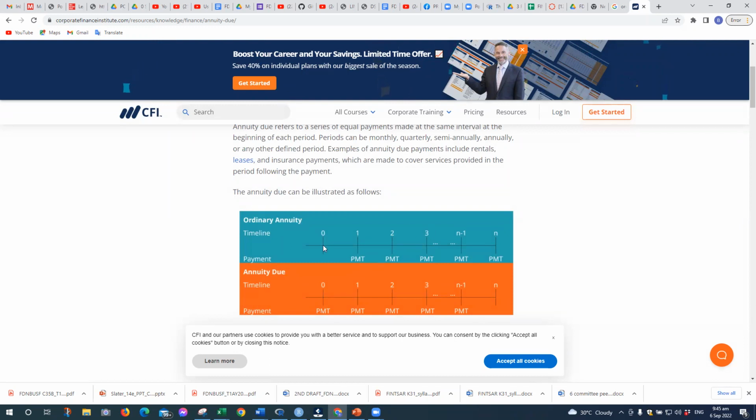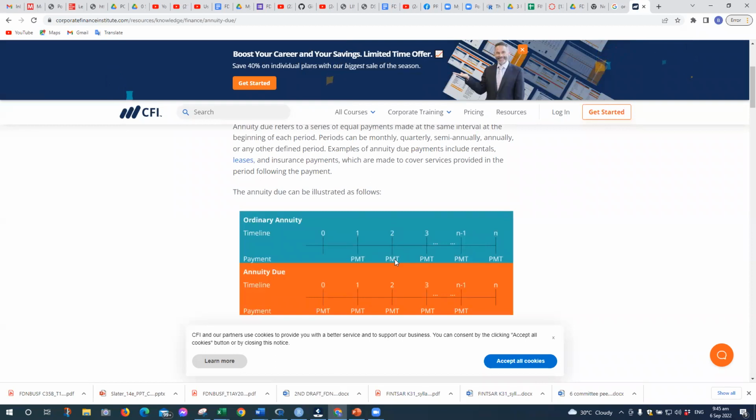So this can be, let's say, an investment or a payment. So beginning now, after 1 period, you have the cash flow. That's what we call ordinary annuity.